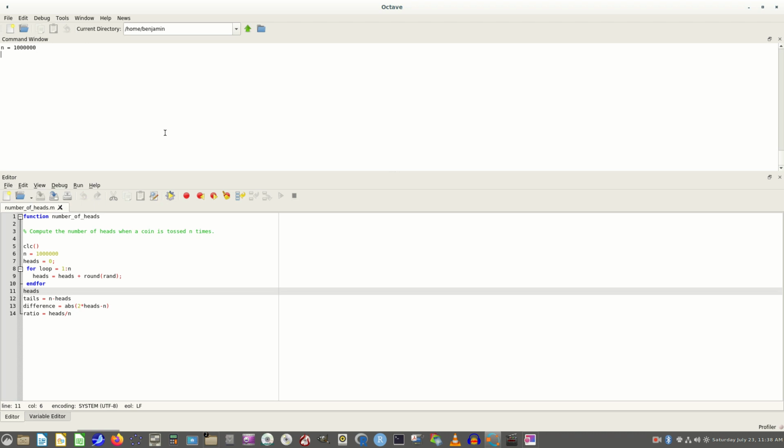Let's run it again. And it looks like the difference now is 520. There's 520 more heads than tails. But notice that the ratio, the percentage of heads in the tosses, is really close to 50%, 50.03%. And again, 874 more heads than tails, 50.04%. 1,046 more heads than tails, 50.05%.